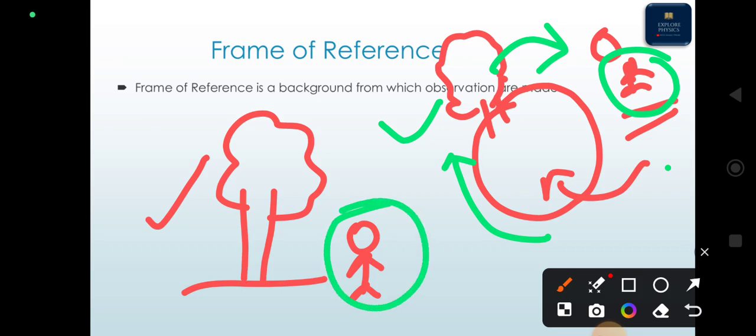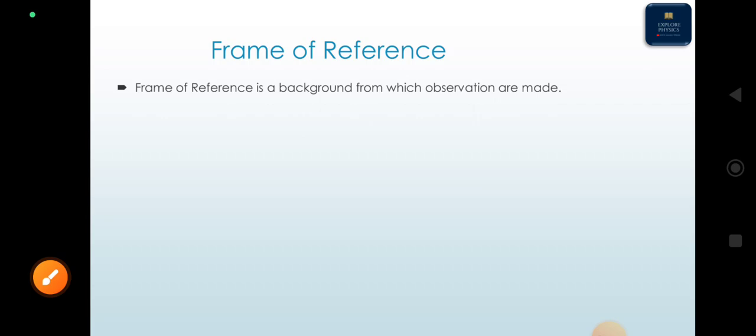But according to this person who is on the earth, where the tree is also on the earth, the tree is in the state of rest, right? So rest and motion are both properties of an object which depend upon the observer. The observer is important in this case. Are you getting everyone? Yes. So let us see the next one.